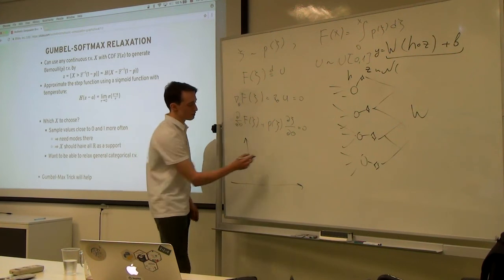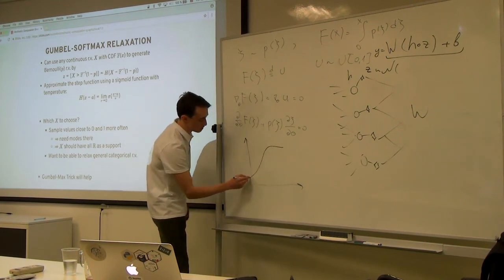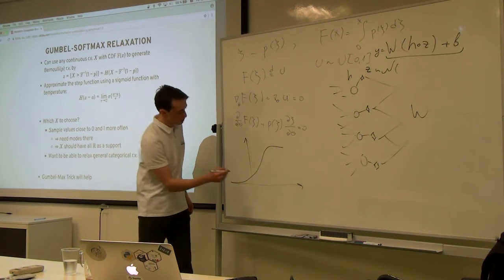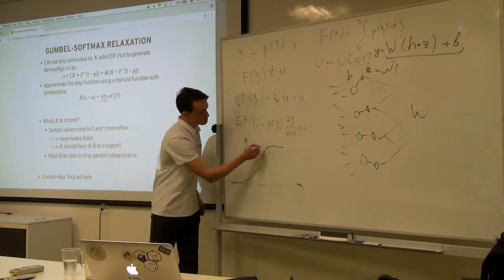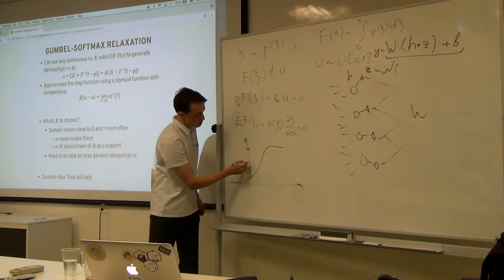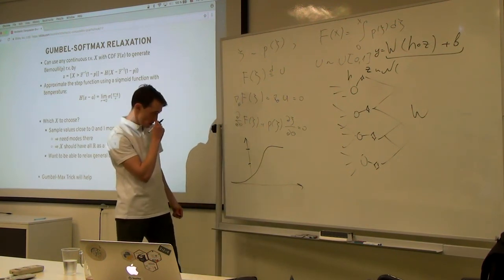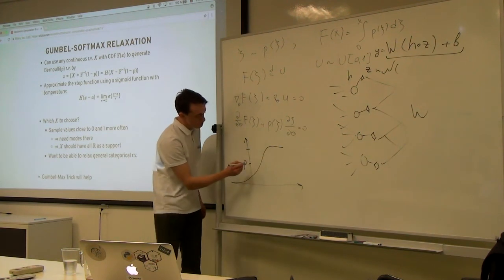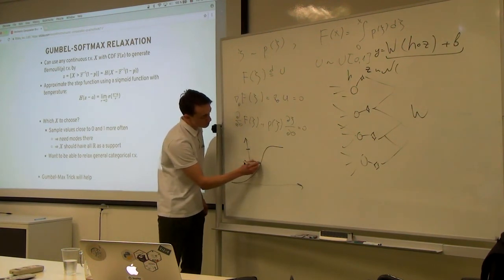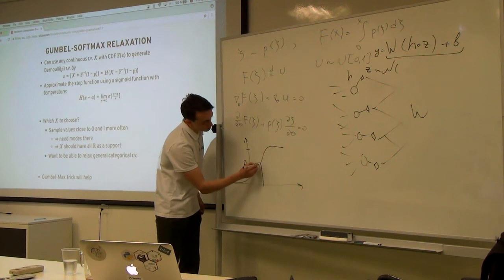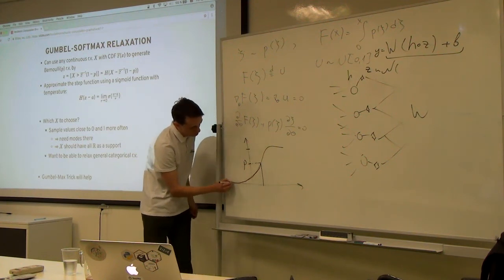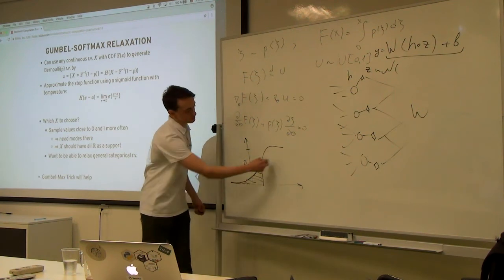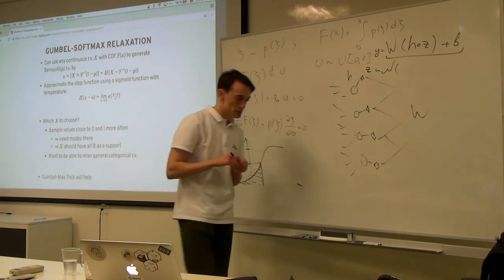Take a look at its CDF. If you take some level p, then we know that the amount of probability here is exactly p, and in the rest it's 1 minus p.